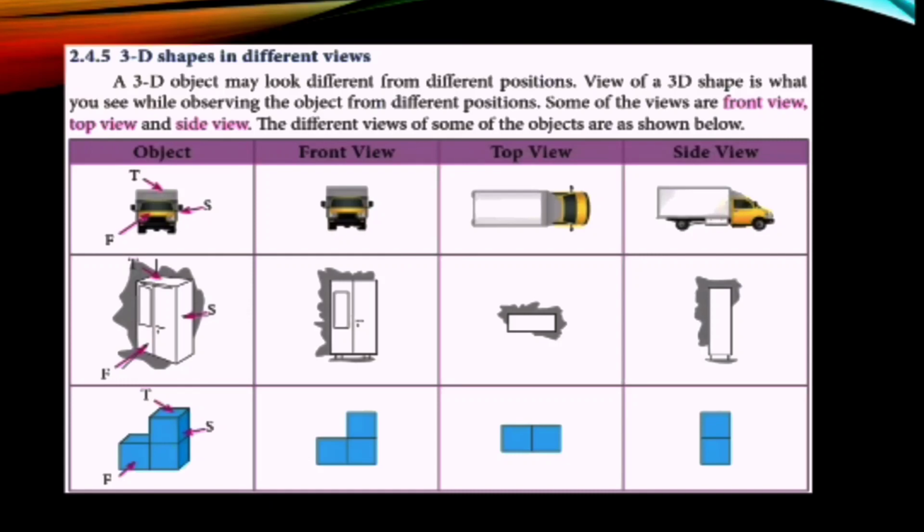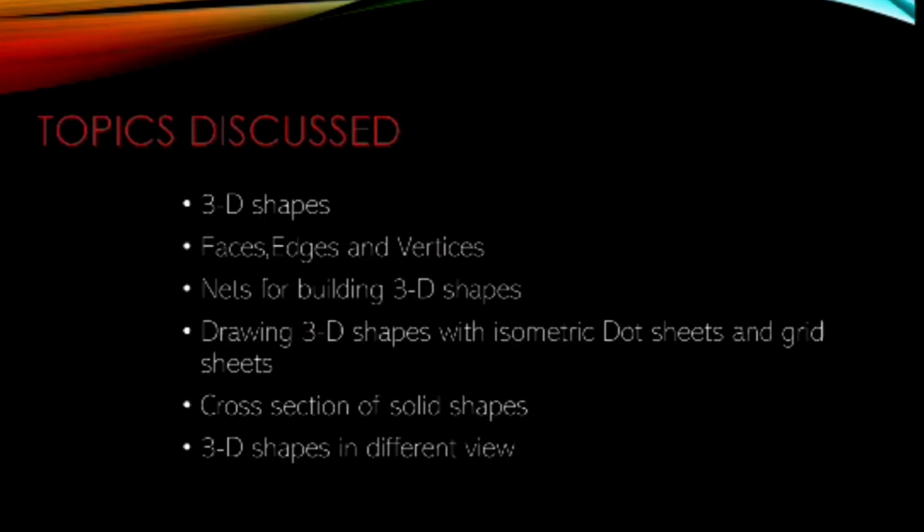So this is surely what I explained to you about 3-dimensional shapes. Today we discussed in this video that 3D shapes have 3 dimensions, that is length, breadth and height.